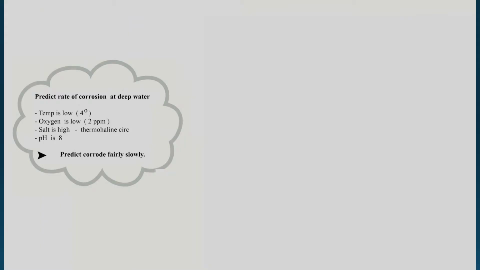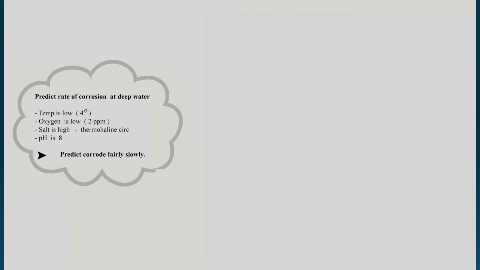So when predicting a rate of corrosion in the deep sea, imagine a ship sinks down to the deep ocean. Would it rust or not? First, we consider the temperature. The temperature is low. Second, oxygen. The oxygen is also very low. It will be high in salt, and the pH is roughly about 8.